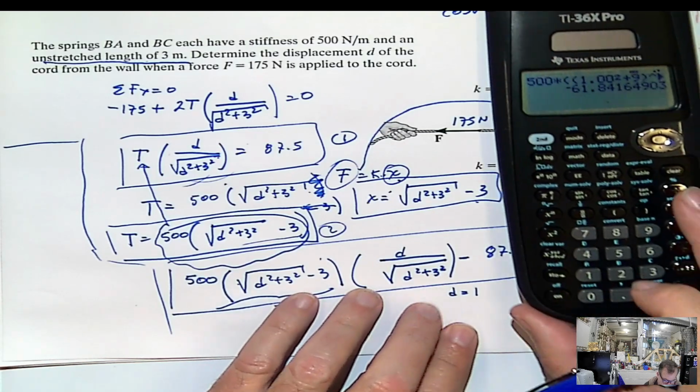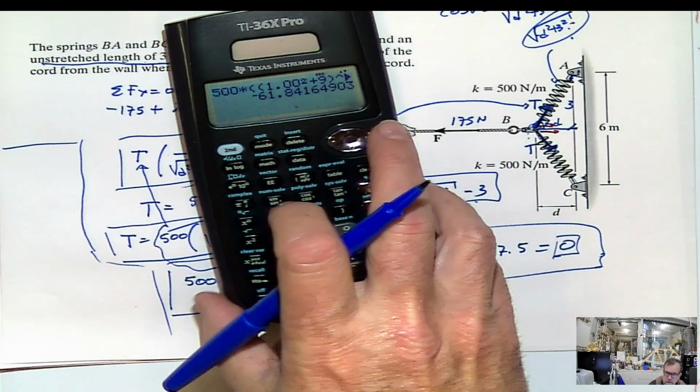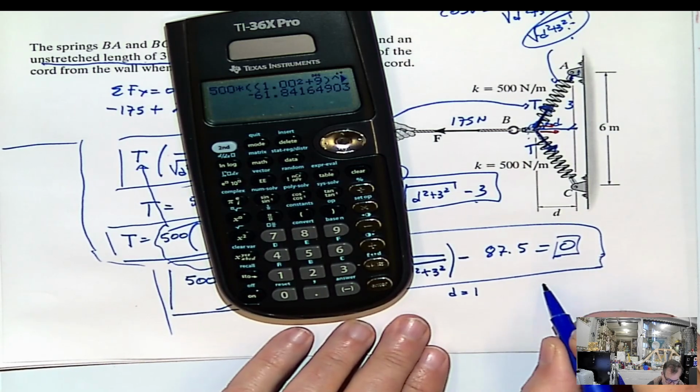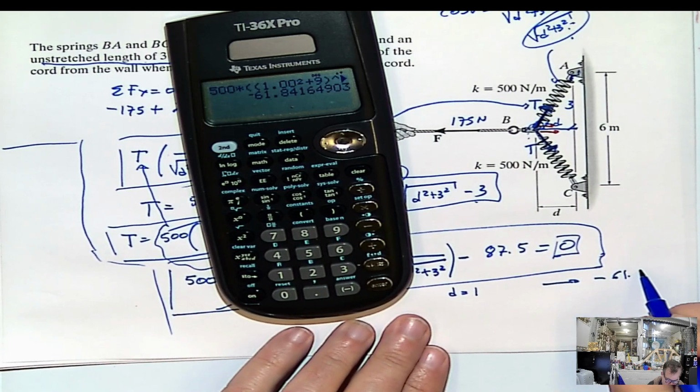So if we got 0 here, that will be the value, but it's not the value. So for d equals 1, we get negative 61.84.